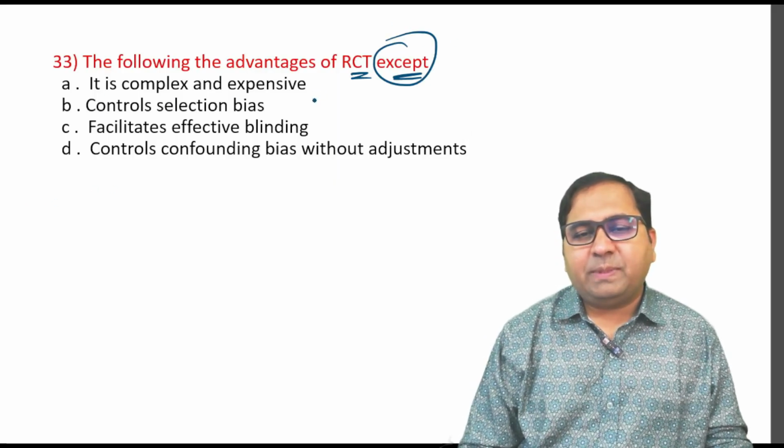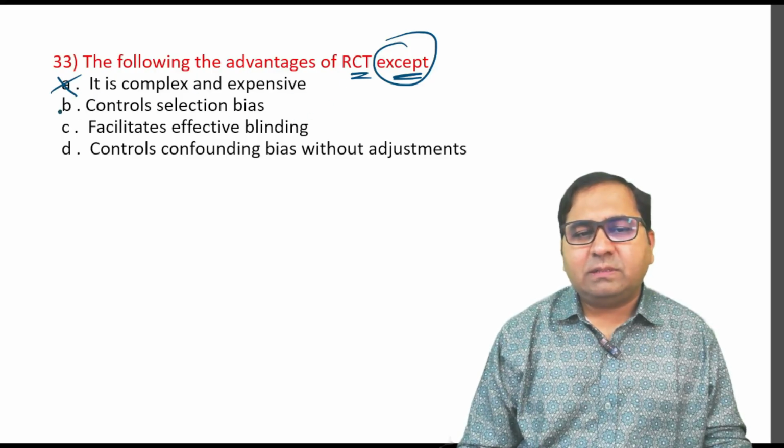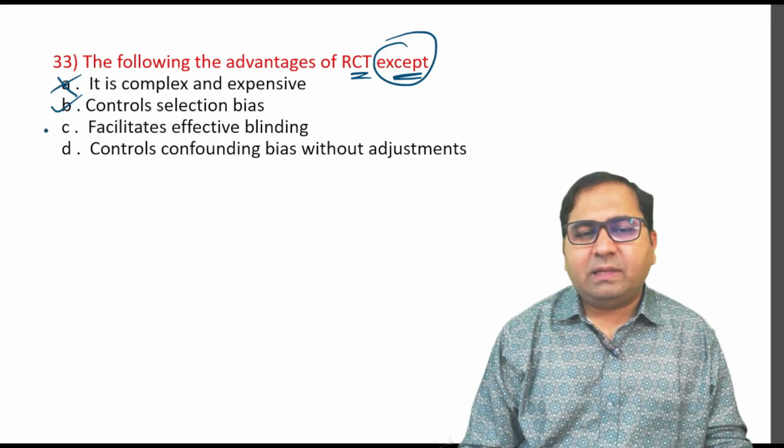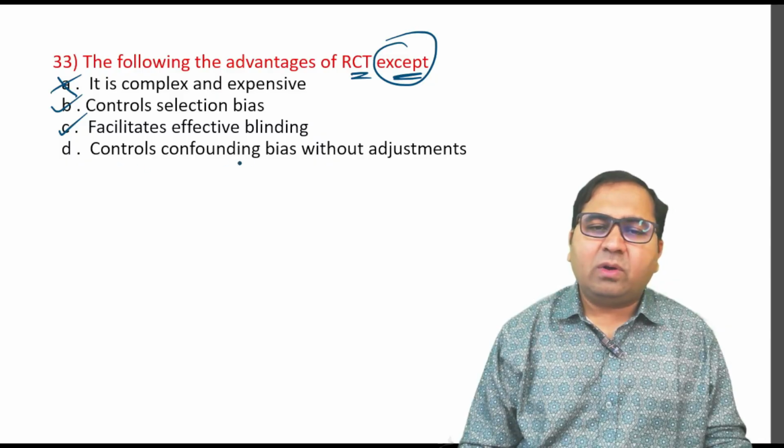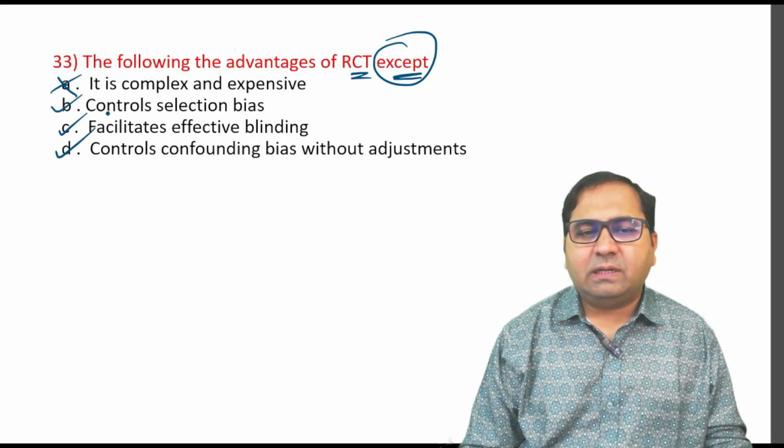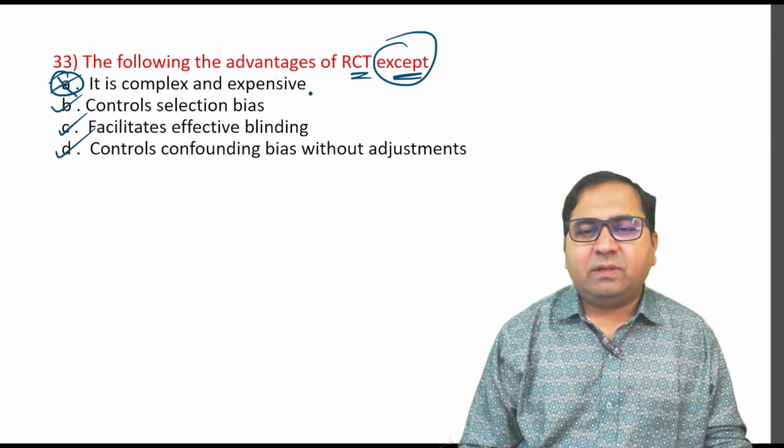It is complex and expensive. No, it is not complex and not expensive. Does it control the selection bias? Yes, definitely. Does it facilitate the effective blinding? Yes, it does. Then does RCT control confounding bias without adjustment? Yes, it does. So we got the answer over here that the complex and expensive statement of the RCT is a wrong statement.